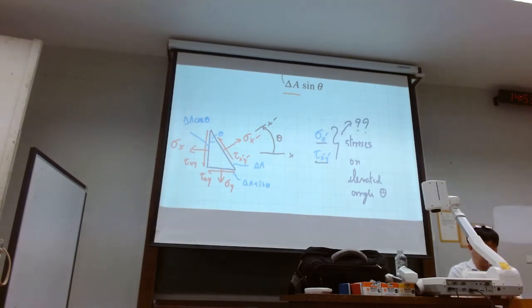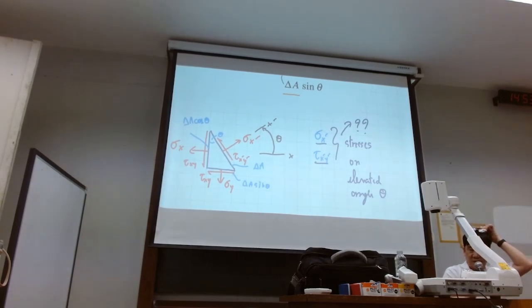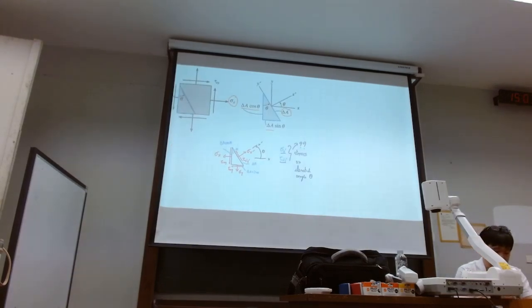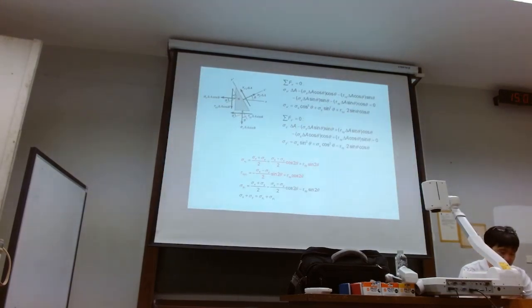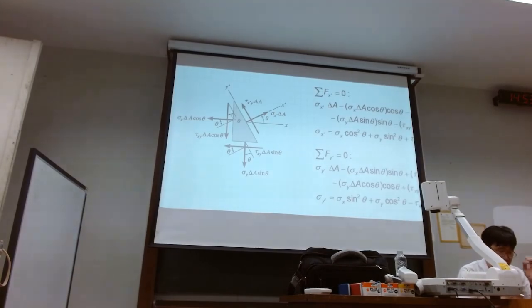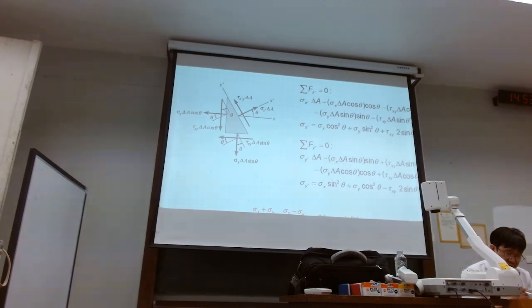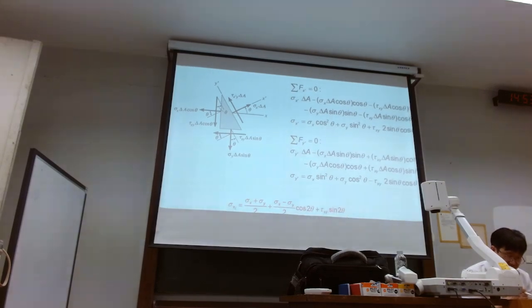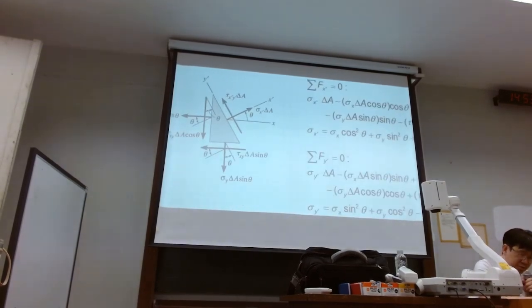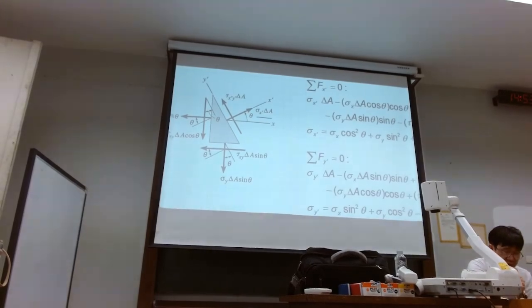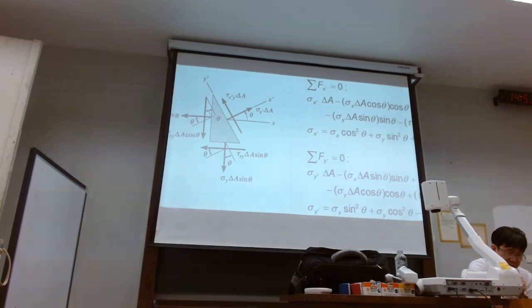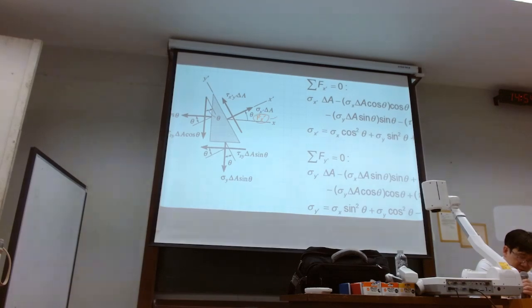So the fact is, we know the terminologies, we want to know what those are. The question is what those are. And it's quite simple mathematics. I'm just going to show you very briefly. What we do is we take a summation of the forces. So the force itself will be, again, sigma x prime times delta A. So again, this is the force along the x prime from here.